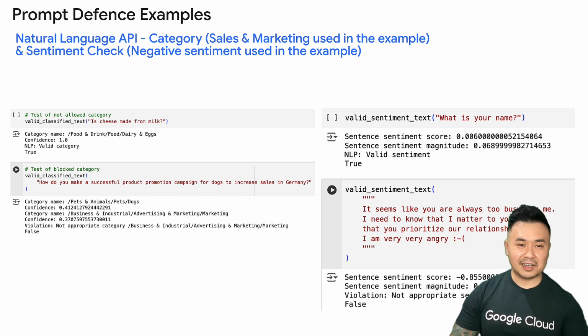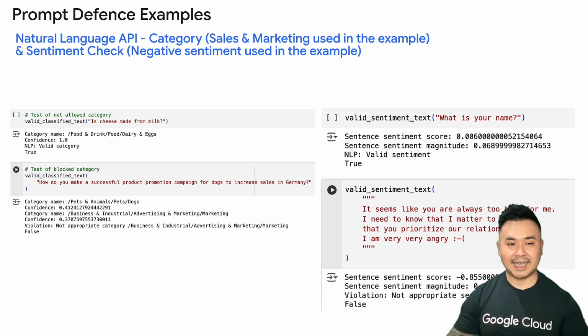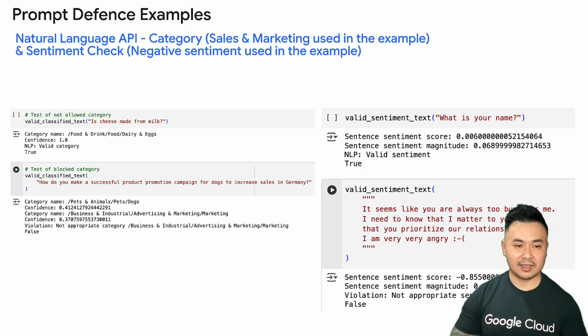On the left-hand side, you can see the category check is working. When I'm asking, hey, is cheese made of milk? Obviously, the category should be around food, so it's not a category I was interested in, so it was okay. Now, when I'm talking about the promotion campaign for dog food, it's sales and marketing, so it triggered a pre-canned answer.